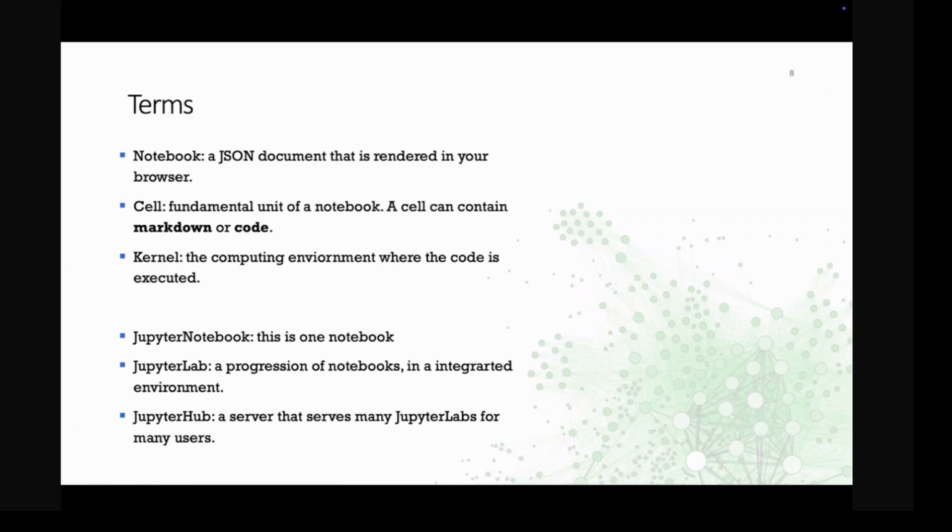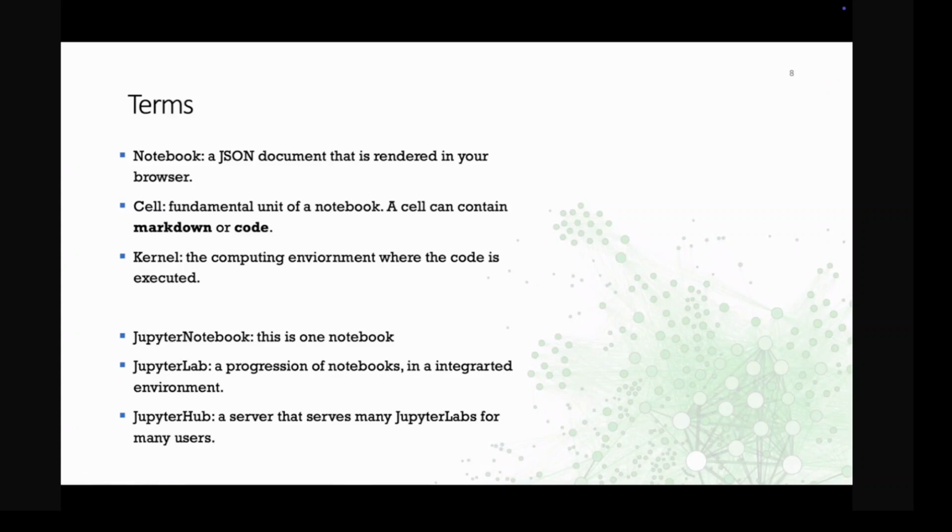So all of that is put together in a Jupyter notebook. And then you have the instance where you have multiple Jupyter notebooks. You have also maybe a folder with data and so on. And that's what then is called a Jupyter lab, like a lab book, where you have everything together.